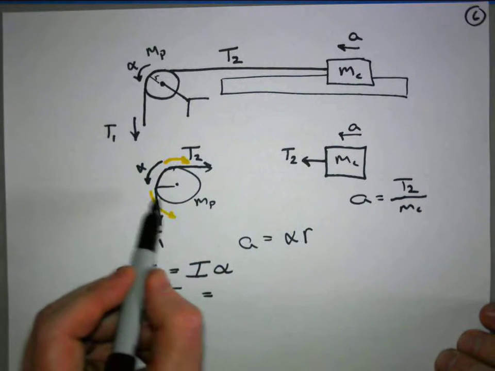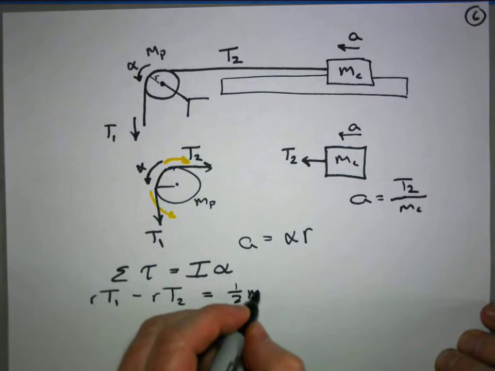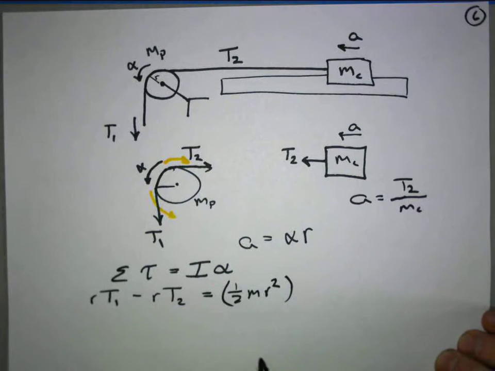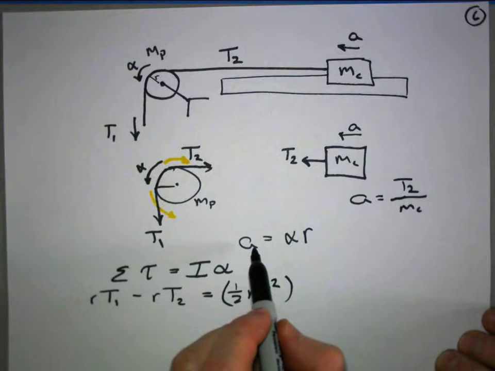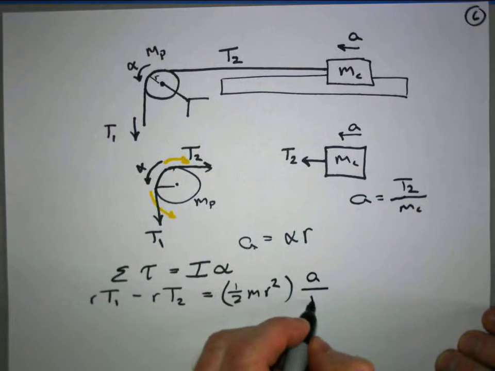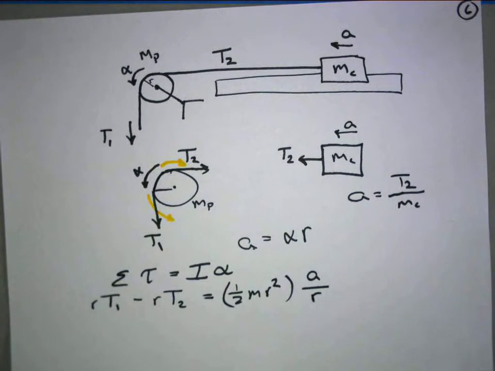This is a solid disk for this pulley, so the moment of inertia of a solid disk is 1/2 mr squared times angular acceleration. But angular acceleration is equivalent to linear acceleration divided by radius. So there's my linear acceleration divided by radius. That's the same thing as alpha right here. But here's something that's kind of cool.